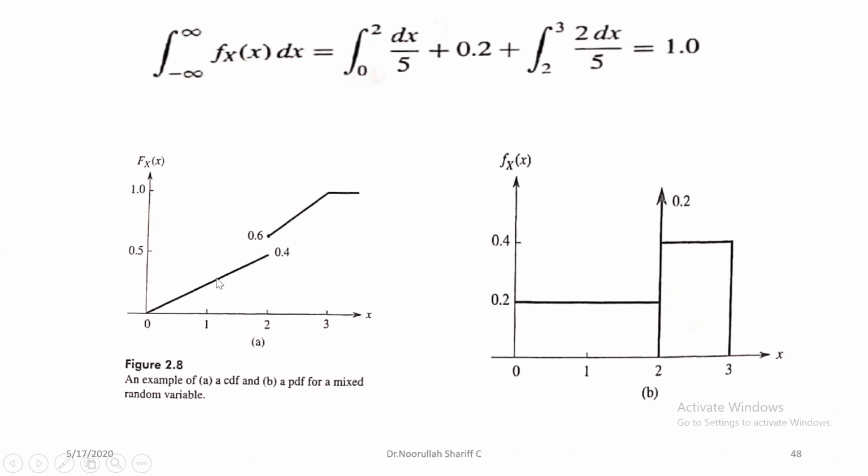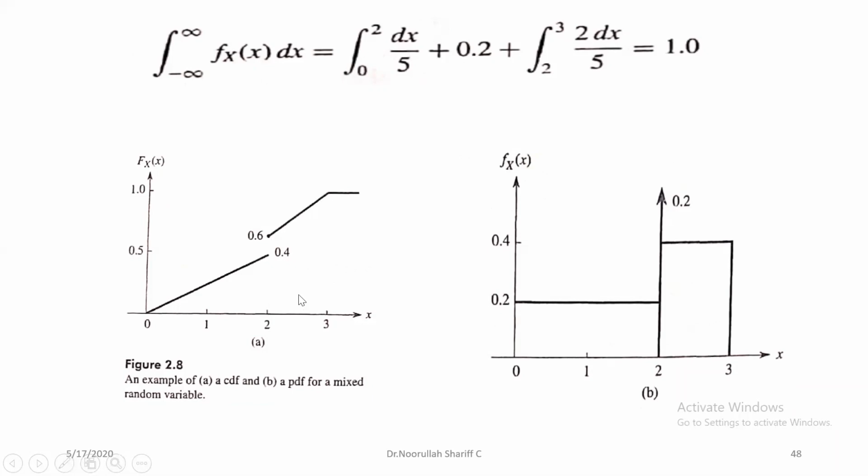So you can write this as 1 by 5 into x. The value of F_X(x) will be 1 by 5 into x, or x by 5, within the region 0 to 2. Then above the region 2, that is between 2 to 3, this slope is 2 by 5, so 2 by 5 into x, right?